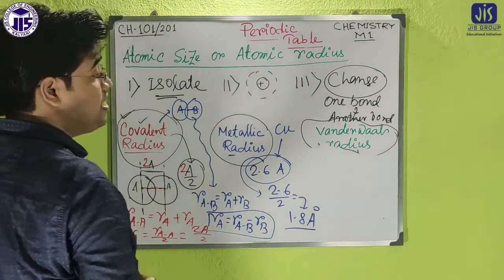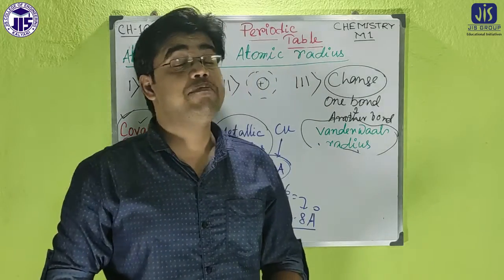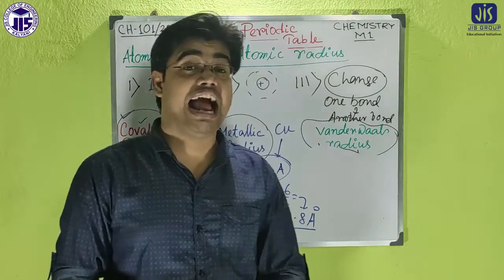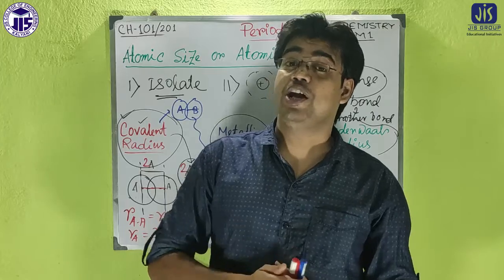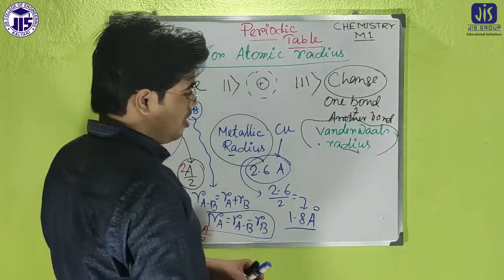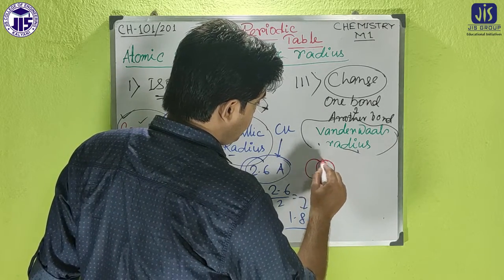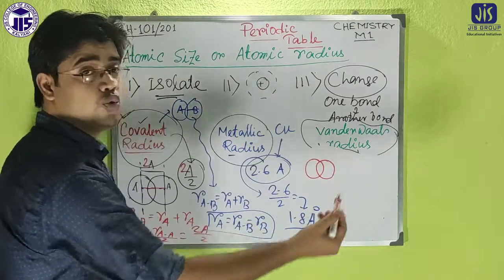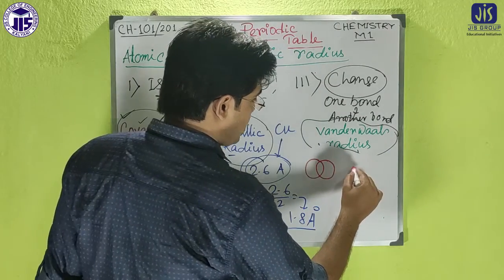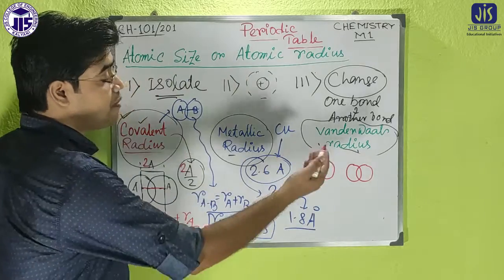Now in case of van der Waals radii, it is half of the distance between two neighboring atoms which are attached with covalent bonds to other atoms. If you see the picture, it will be more clear. For example, this is the Cl2 molecule: two chlorine atoms attached by a covalent bond, and here is another Cl2 molecule.